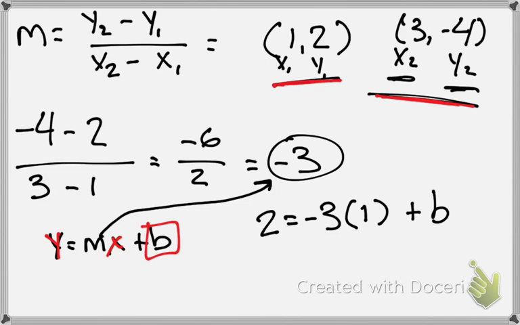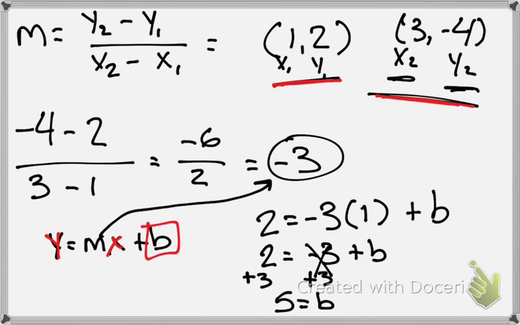So from there I can simplify. 2 equals -3 plus b, because -3 times 1 will always be itself. Then I want to cancel out this 3, so I'm going to add 3 to both sides, which gives me 5 is equal to b. So the equation of my line with the slope and intercept would be y equals -3x plus 5.